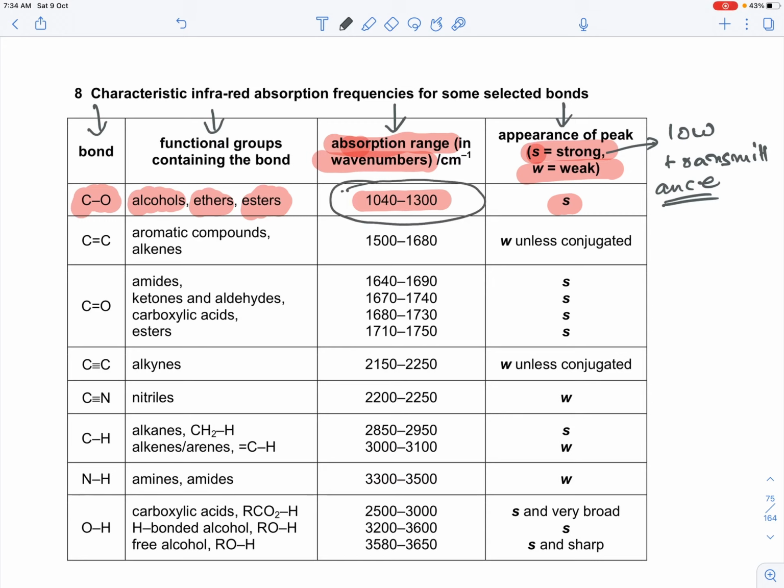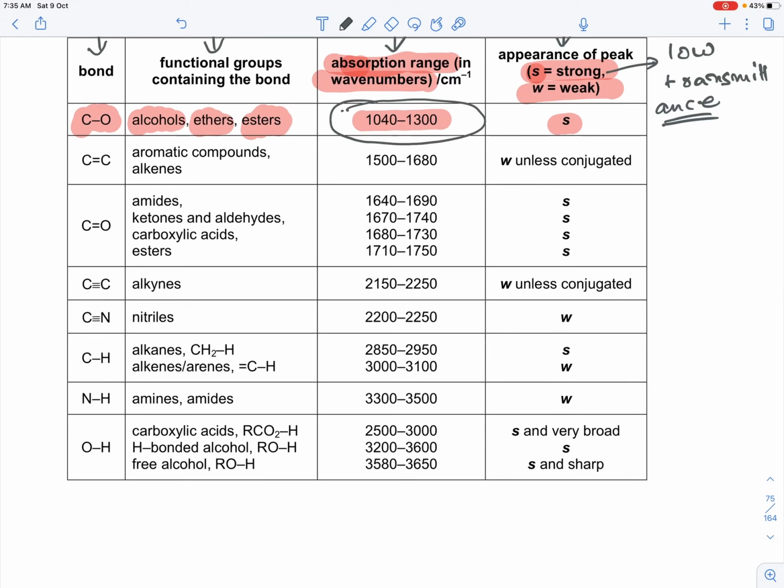So the absorption for the CO bond would be very difficult to identify, right? And normally we do not talk about this absorption. If you just notice, all the other absorption ranges are above 1500. Only the CO absorption range is below 1500, and all the others are above 1500.